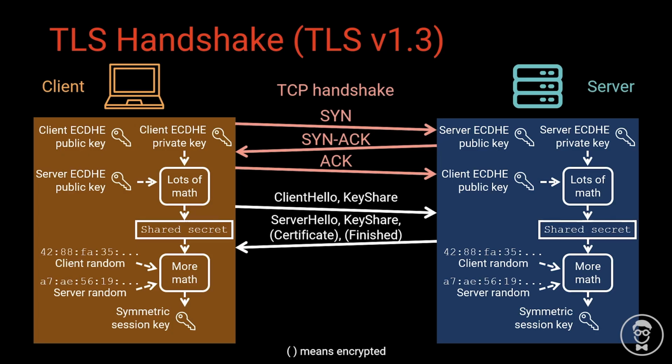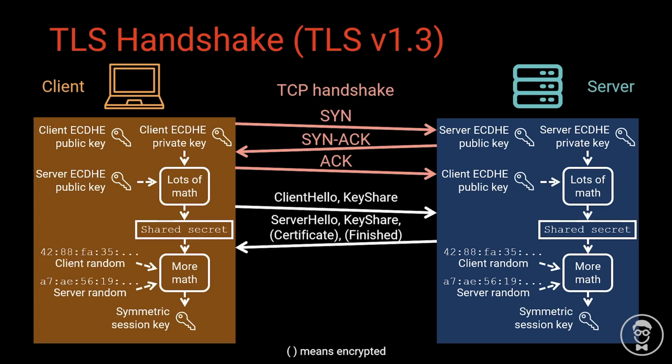Even though the client and server are using different private and public key pairs, notice that the server is using its private key with the client's public key, and the client is using its private key with the server's public key. The math allows both client and server to arrive at the same shared secret and ultimately the same symmetric session key.